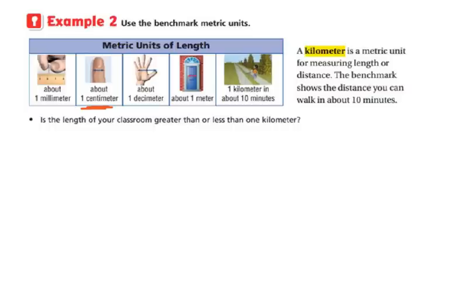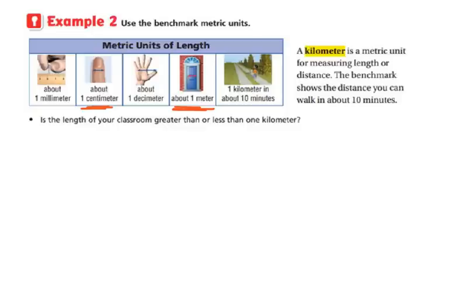Now, 1 decimeter is the next unit over. It's the next one larger. We don't really use this one too much, but when you open up your hand, just kind of spread it out, that would be about 1 decimeter. Now, 1 meter. That is going to be about the width of a door. It's very close to the measure of a yard.